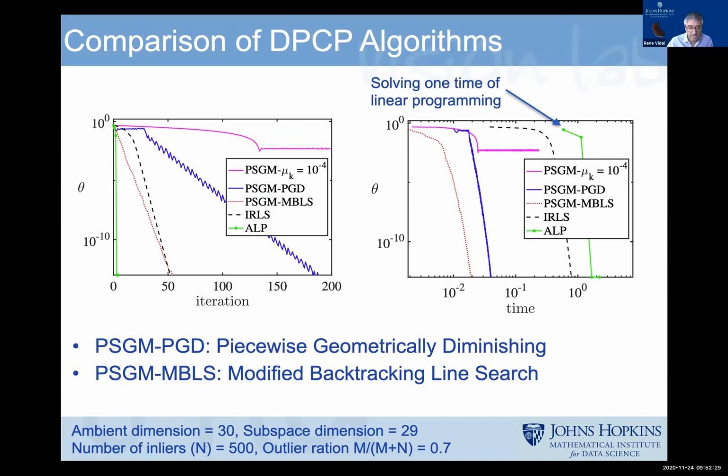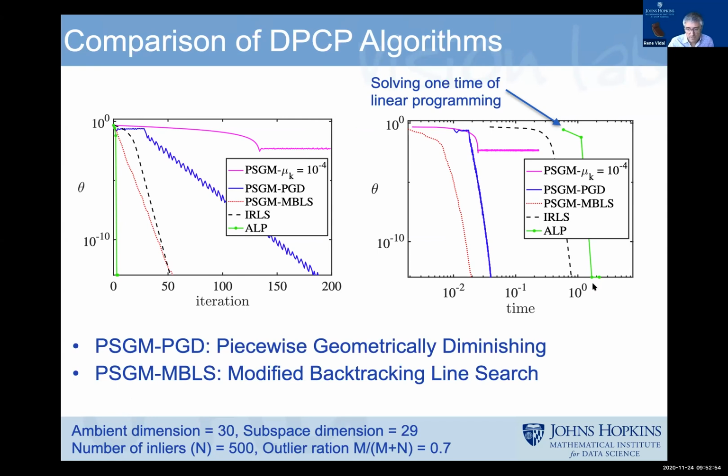On the left plot the x-axis is the number of iterations, and on the right it is time. The green curve is the sequence of linear programs. It requires very few iterations, but every iteration is a linear program, so it's very costly. That's why in terms of time, the green is on the far right.